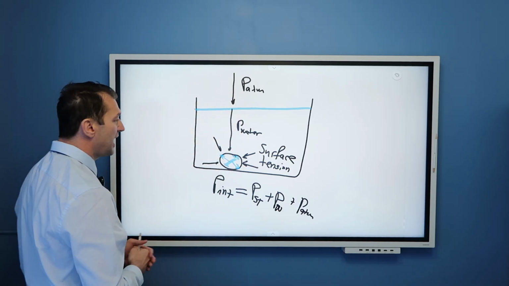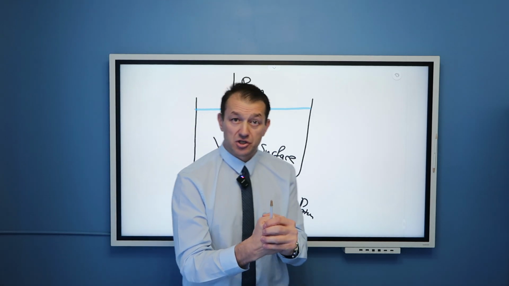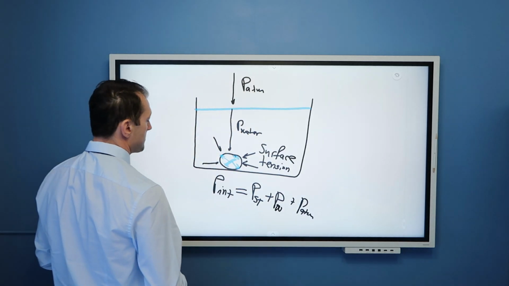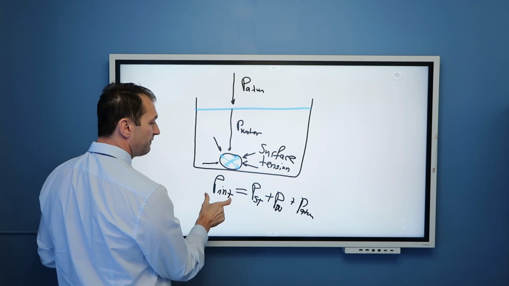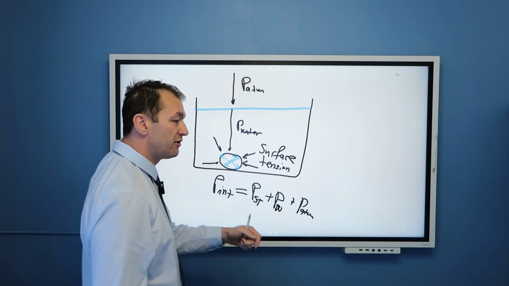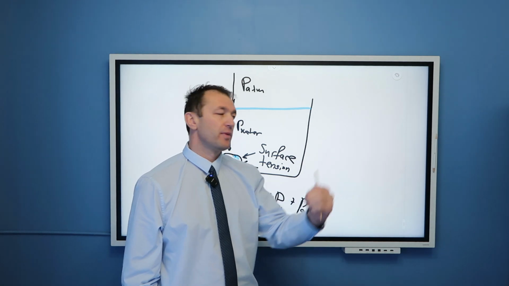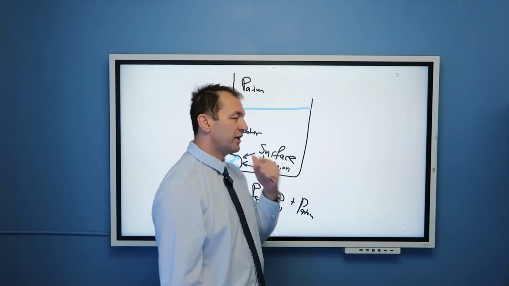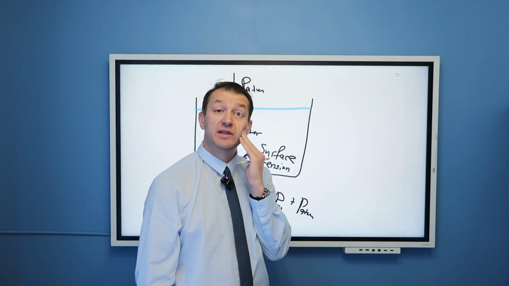If that is not the case, then this bubble will be crushed, it will collapse. And the buildup of internal pressure in the bubble is governed by the temperature, which governs the amount of dissolved gases in the liquid. Okay? So this is called degassing.